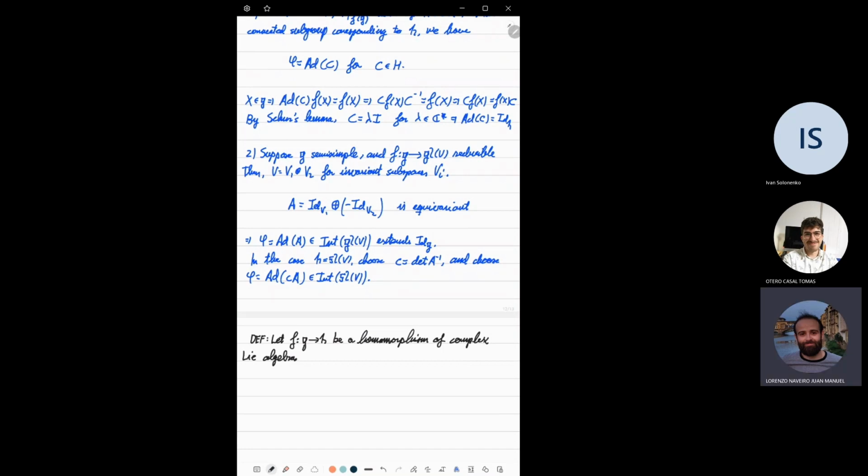Then we will say that F is an S homomorphism if the only inner automorphism that extends the identity is also the identity.